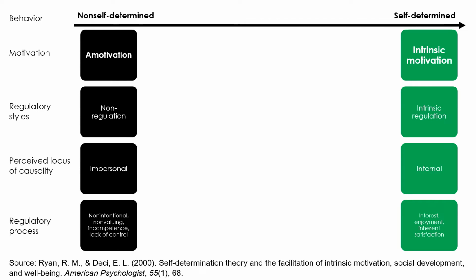This state of intrinsic motivation is highly autonomous and represents self-determination. Extrinsically motivated behaviors, by contrast, cover the continuum between amotivation and intrinsic motivation, varying in the extent to which their regulation is autonomous.